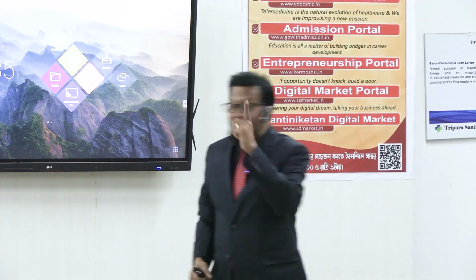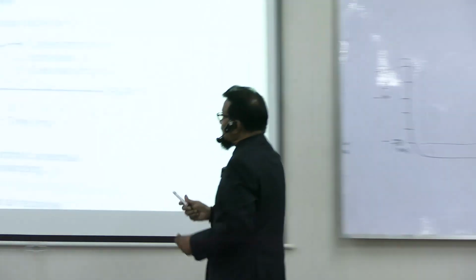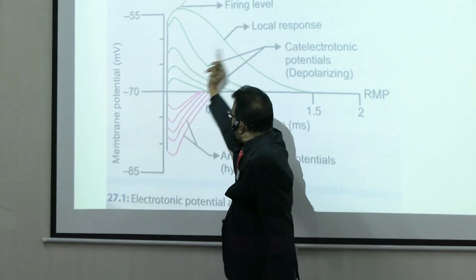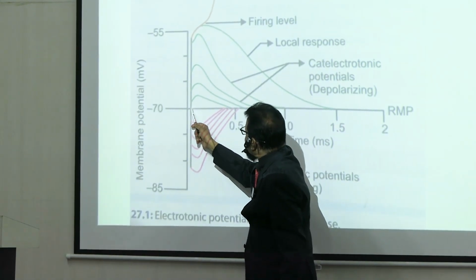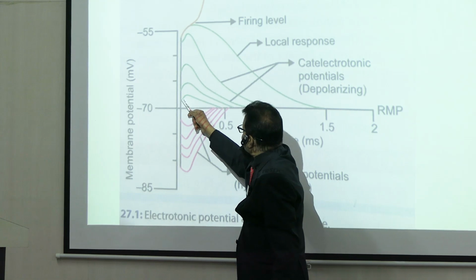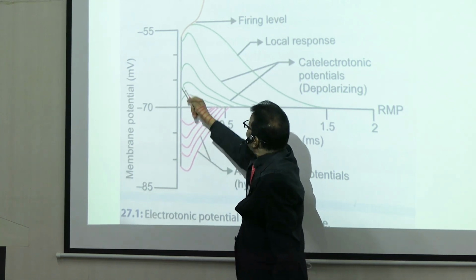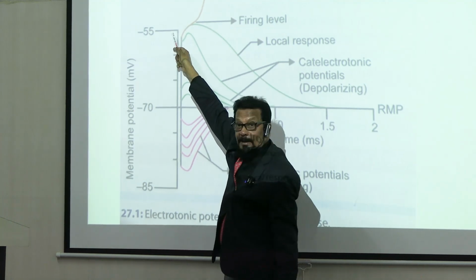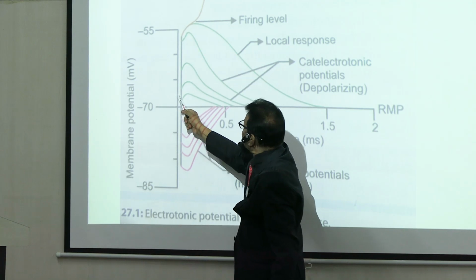So what happened here? After stimulation, the resting potential has changed, but it is not reaching the threshold level of minus 55. So it may be minus 72.